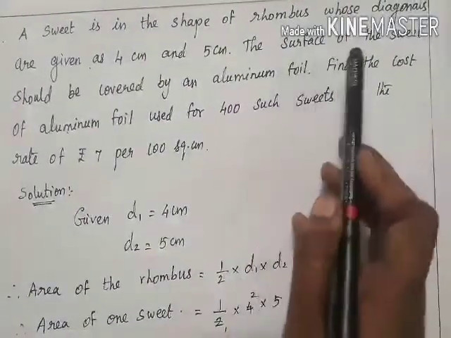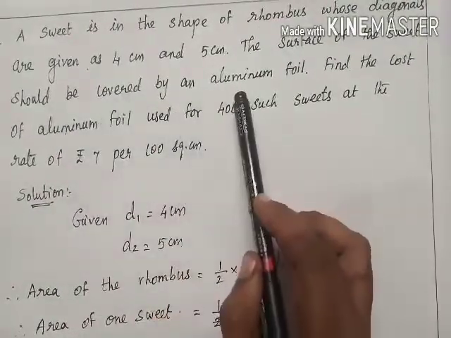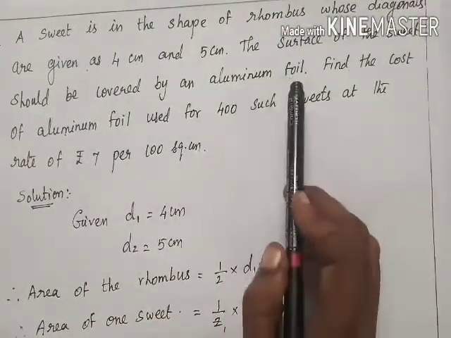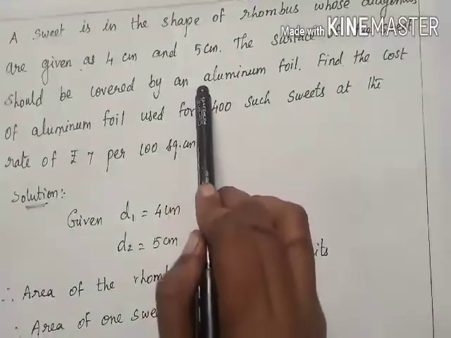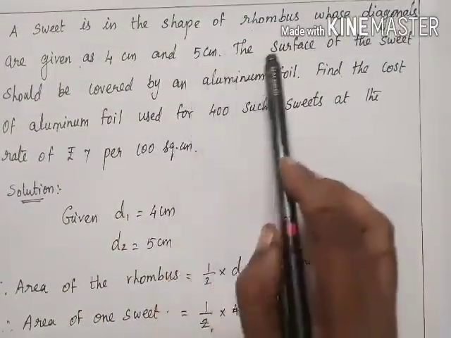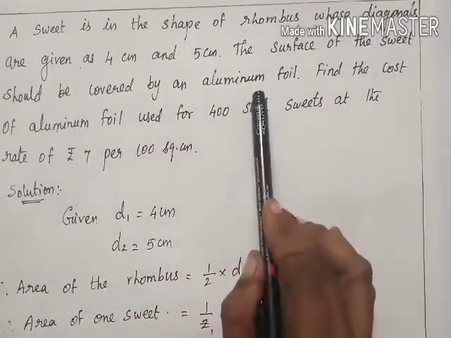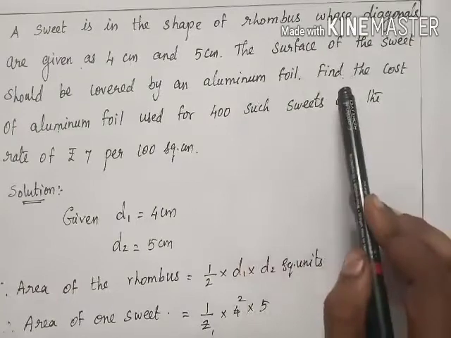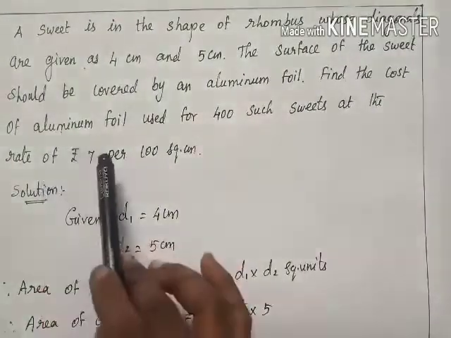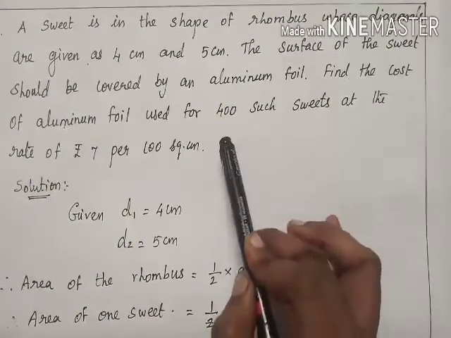The surface of the sweet should be covered by an aluminium foil. So find the cost of aluminium foil used for 400 such sweets.